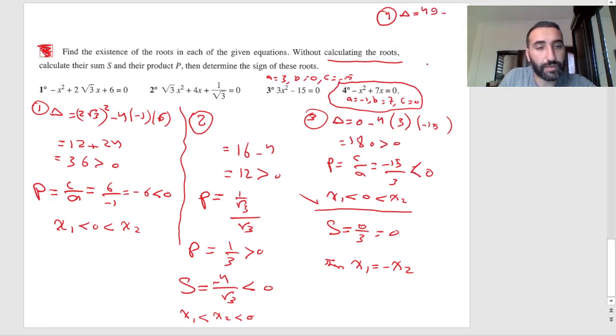Here I have 0, so minus 4 times negative 1 times 0, which is 0, so it's 49, positive, meaning roots exist. Let's find the product. The product equals c over a, which is 0 over negative 1. So the product is 0.